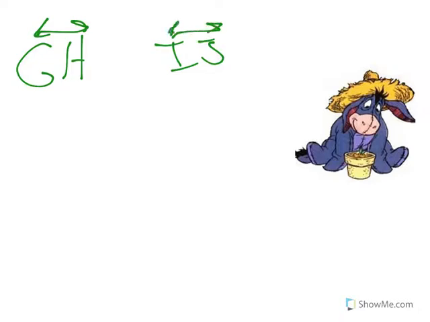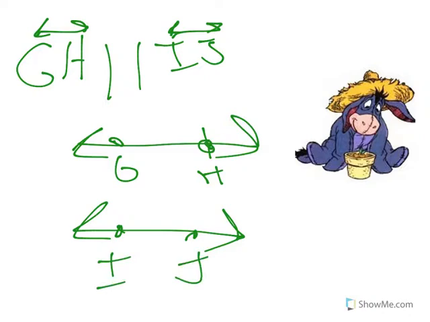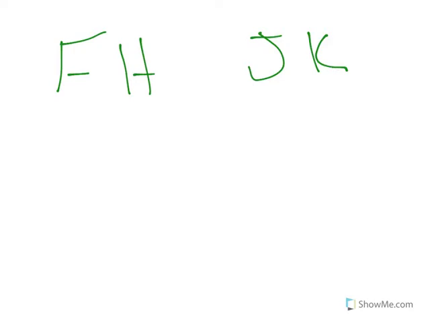Okay, the other ones really quickly are, if it says G to H, and then it says I to J, and it has this, all you got to do is, there's my one, so we got G to H, whoops, and then we've got I to J. And the last one for this is going to be, they will show you F to H and J to K, and they're going to have the perpendicular sign that looks like that.